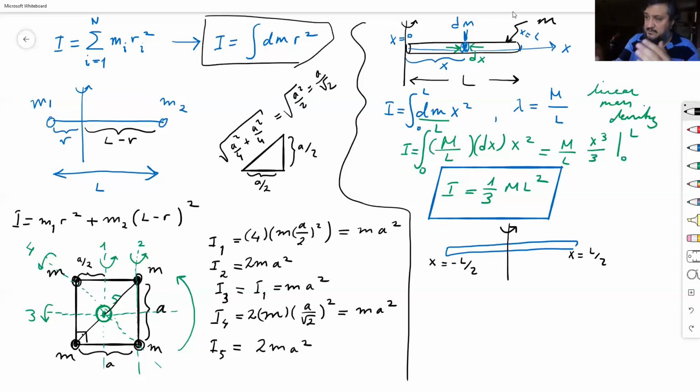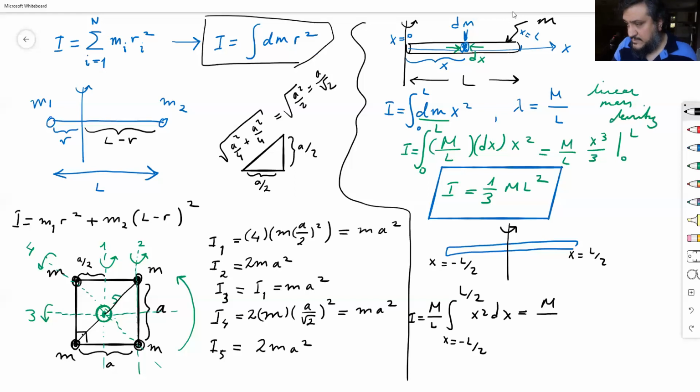I'm not going to calculate dm again, it's the same. What changed? It's the limits that change. So from x equals negative L over 2 to L over 2, M over L times x squared dx. All right, so M over 3L. Now I have x cubed.